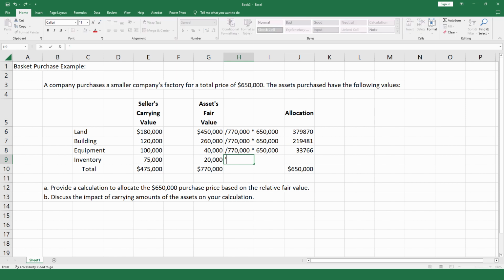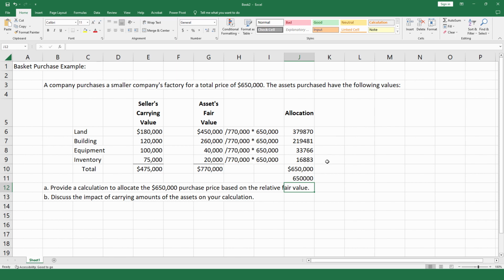Finally, let's do the inventory. Take the $20,000, divide it by $770,000, multiply it by $650,000, the purchase price, and that is equal to $16,883. To double check, let's just take the sum of all of the amounts that were allocated. $650,000.